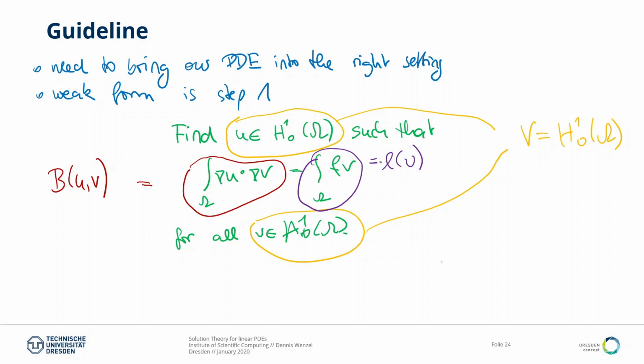So we see that we are already in the correct setting for the Lax-Milgram lemma if we have the weak form of the PDE. And yeah, let's summarize what we have learned until here, because that's all the ingredients we need already. We only have to put it in the right way.